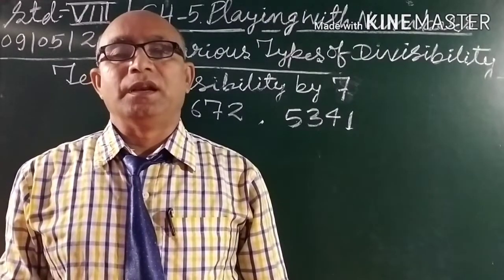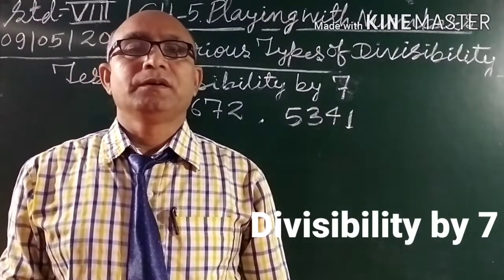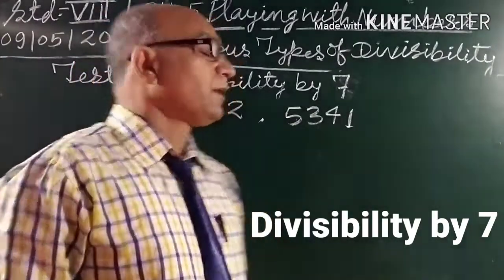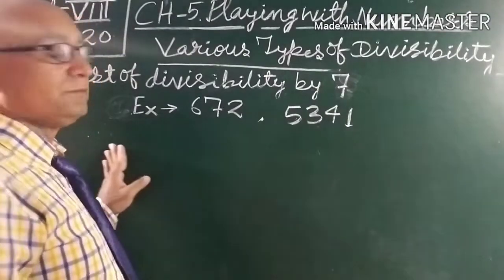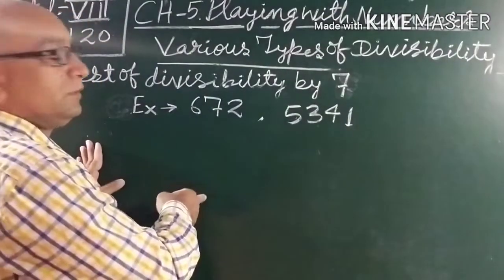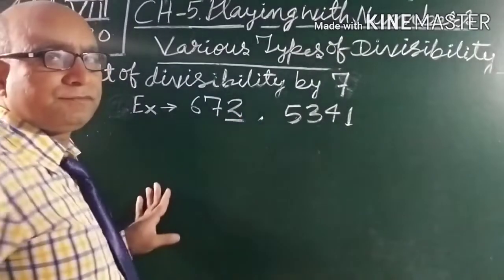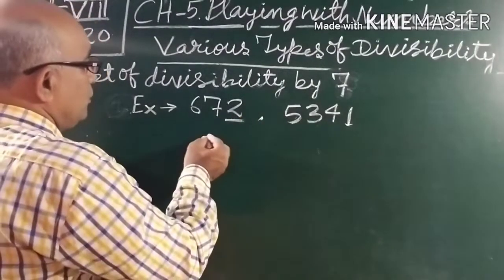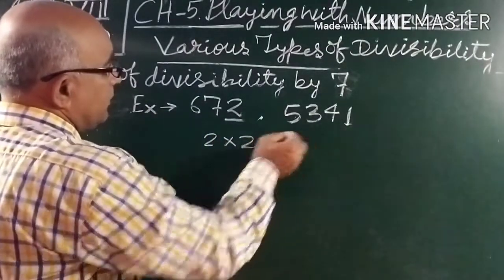Students, last, test of divisibility by 7. For a given number, first of all, double its unit digit. So 2 twos are 4.